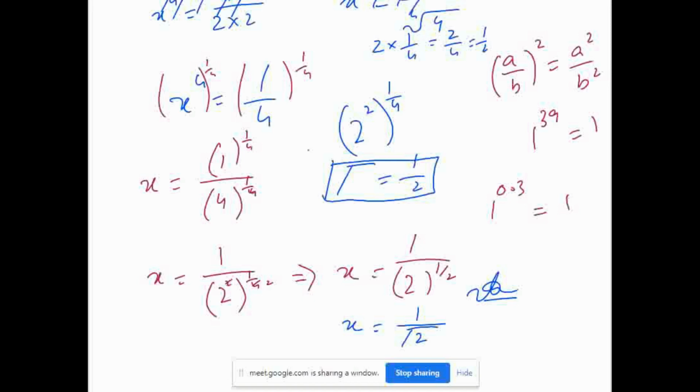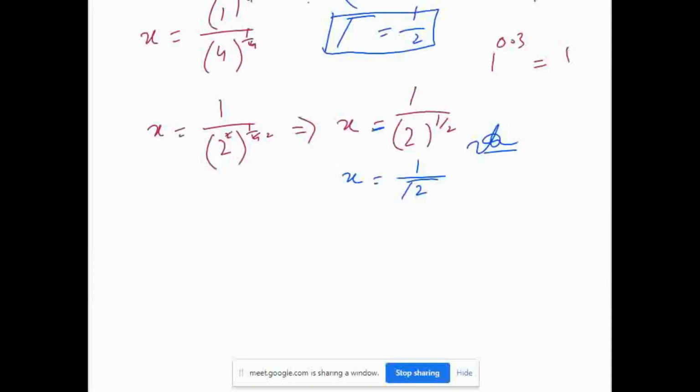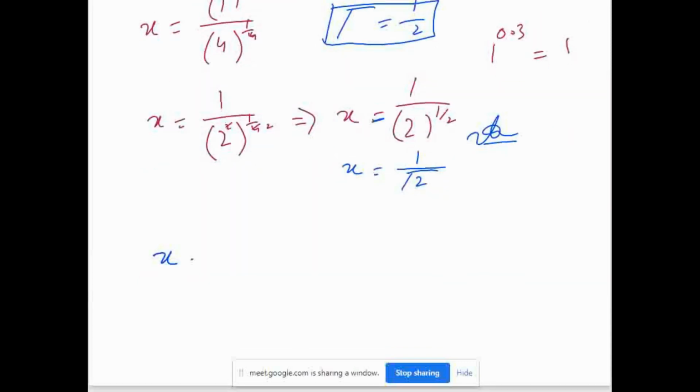Both the answers are correct. Clear? But frankly speaking, if you write the answer in this form, let me write it over here, x equals to 1 by 4 power 1 by 4, this one is also right.